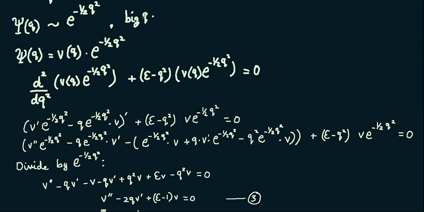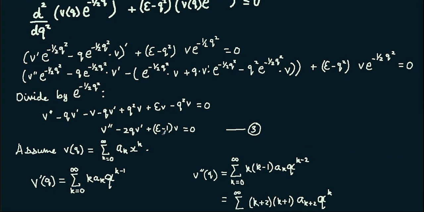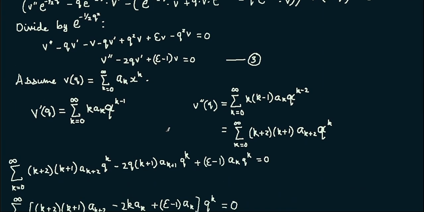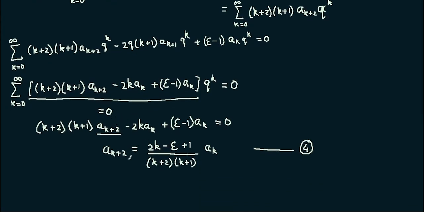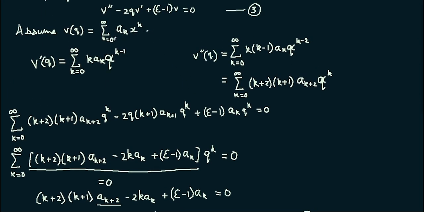Then inserting this into our simplified time-independent Schrodinger equation, we got this constraint over here. And then assuming that v can be written as a power series and inserting it into our equation 3, we found what the coefficients have to be in this power series. So what we have found is the relation of these coefficients over here.